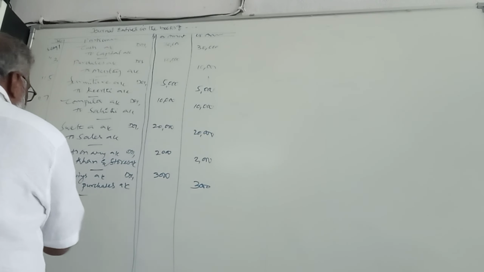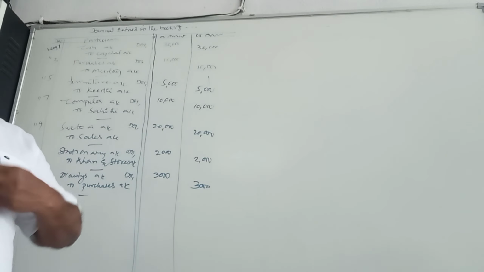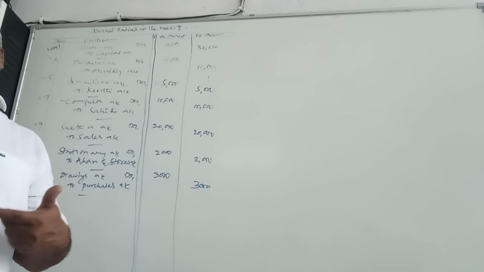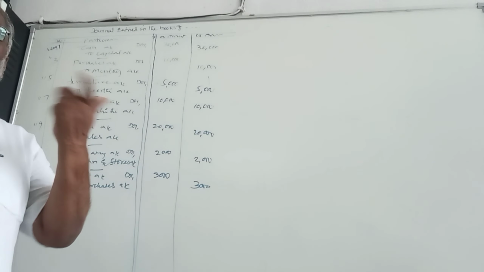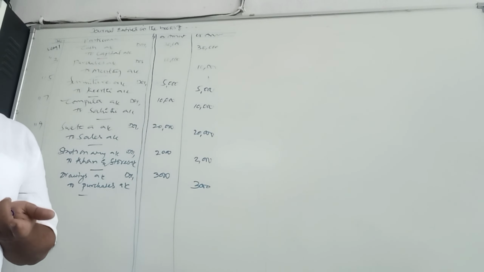Next, 15. Sold furniture to Anand. We sold furniture to Anand. Why is Anand's name given in this transaction? Credit.